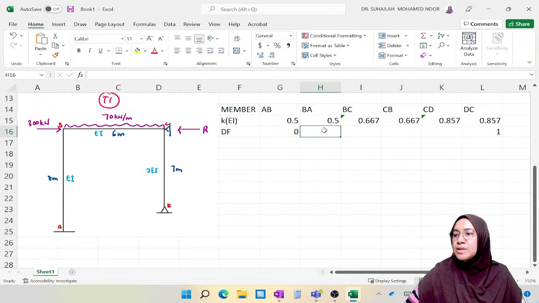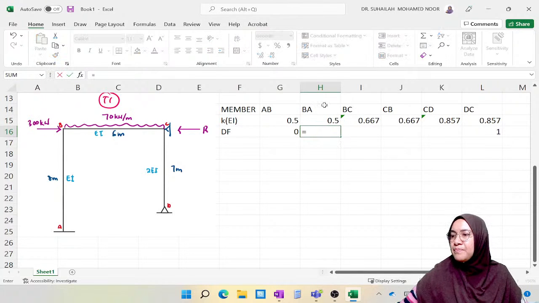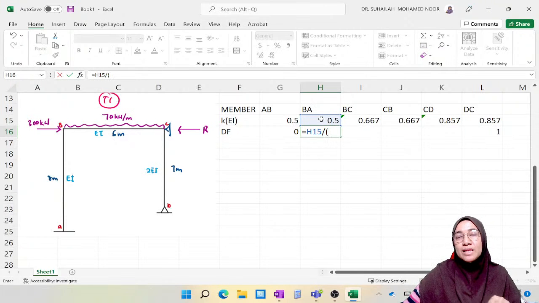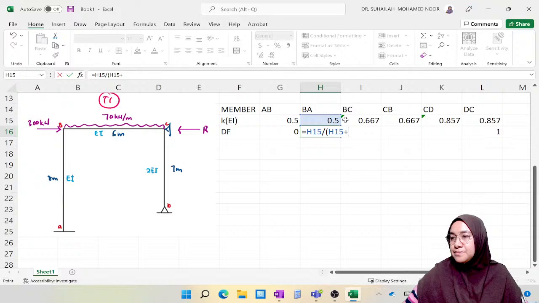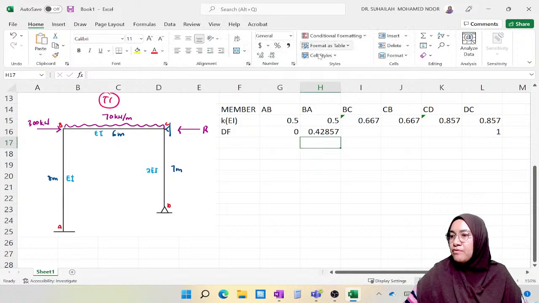To calculate DF for BA, it is 0.5 divided by the total of BA plus BC, the K for joint B. So we get 0.429.